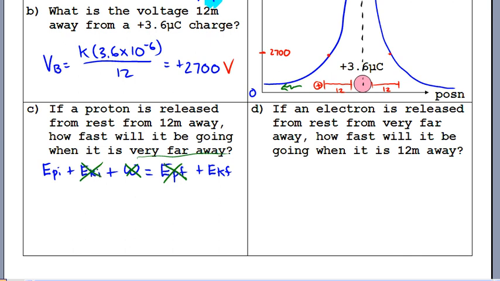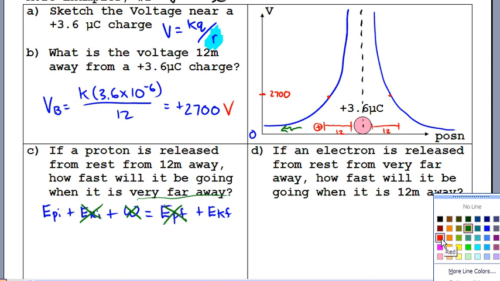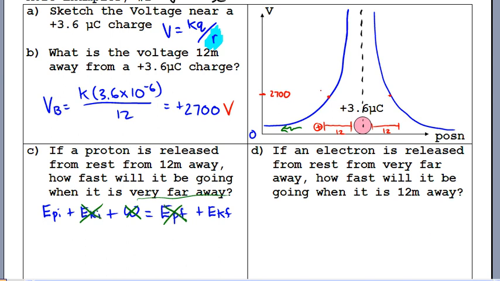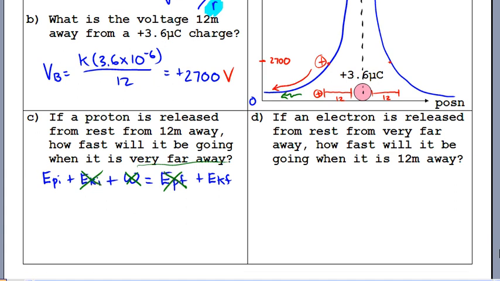And the reason why I wanted to show you this graph, not only is it a kind of a required learning outcome that we know how to graph that, but you can think metaphorically of the proton being like a rock that would roll down a hill like a volcano like this and pick up speed. So positive charges like to roll away from high voltages and then pick up speed as they leave. And that volcano, that voltage graph gets infinitely flat when it gets infinitely far from that 3.6 microcoulomb charge.